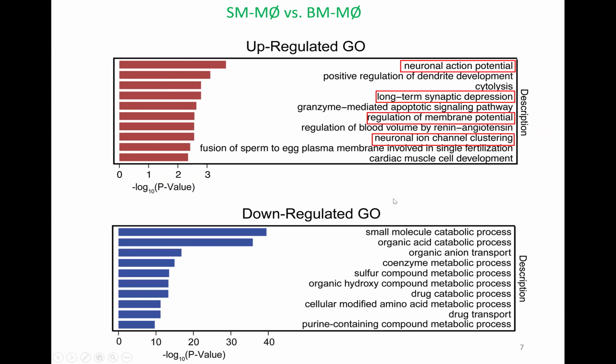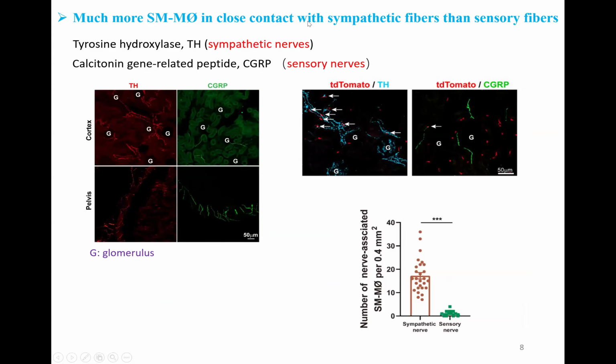So we next took a close look at the nerves in the kidney. The kidney is distributed with 2 types of nerve fibers, the sympathetic nerves and the sensory nerves.